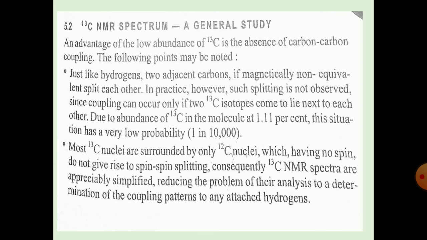Carbon NMR utilizes an isotope of low natural abundance, C13. C13 NMR spectra are much more difficult to record than H1 NMR spectra. This is due to two reasons.